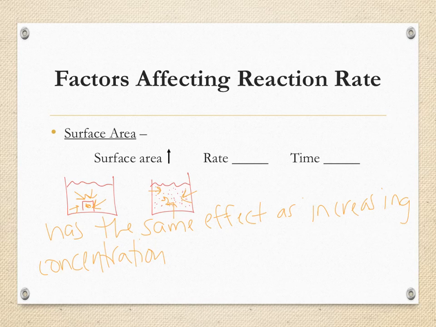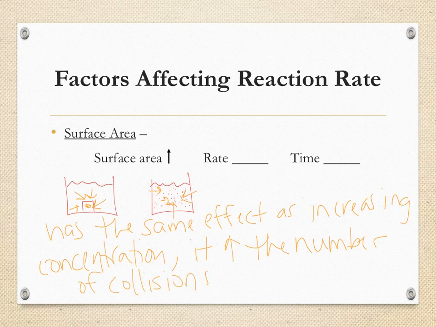Increasing the concentration means it increases the number of collisions. And the more collisions you have, the more likely you are to have effective collisions, so the rate increases. And if the rate increases, the time required decreases. Rate goes up, time goes down.